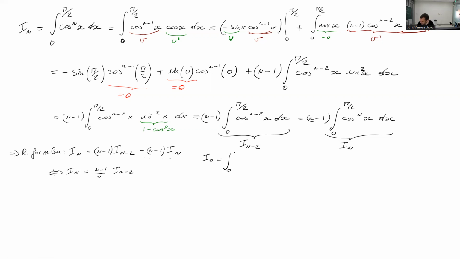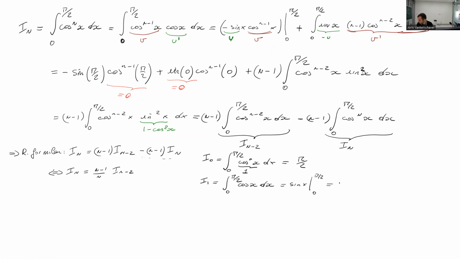So I0 is the integral of cosine to the power 0 x dx, then anything to the power 0 is 1. So I0 is pi over 2. And what is I1? Well, I1 is the integral of cosine x dx. So it's sine x evaluated at pi over 2 and 0.